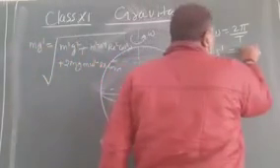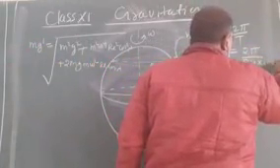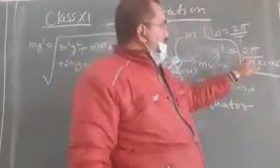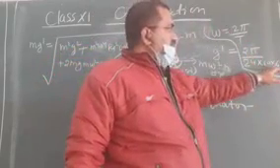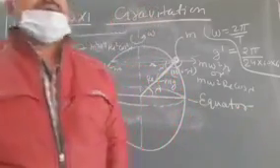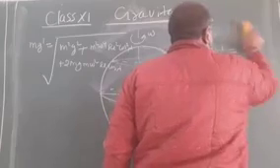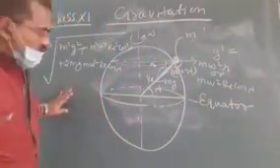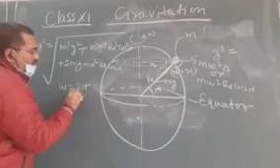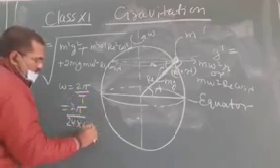So you can write 2 pi by 24 into 60 into 60.